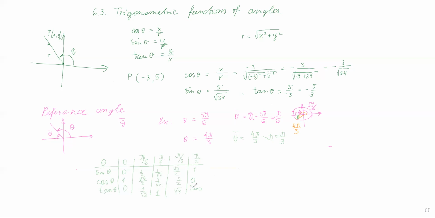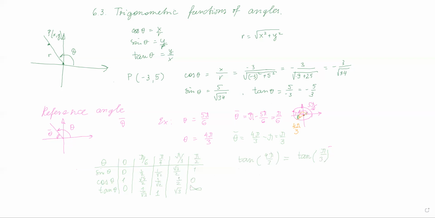Now, how do we use it? Okay, for example, somebody is asking us, please calculate tangent of 4 pi over 3. And you know that 4 pi over 3 has reference angle of pi over 3, right? We just calculated it. So you're going to put the tangent of 4 pi over 3 equals the tangent of pi over 3. It's the same angle.